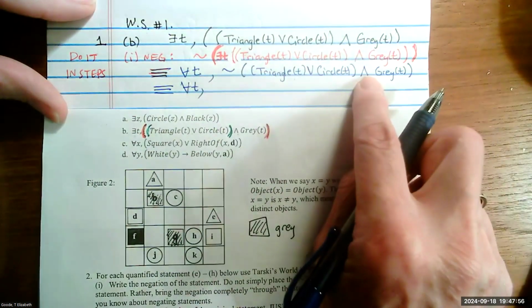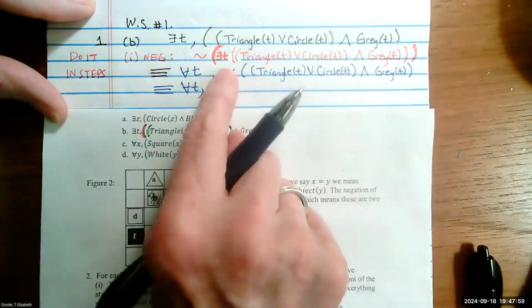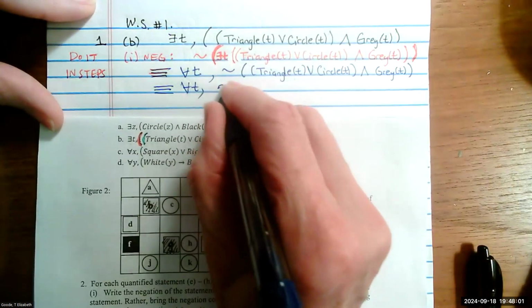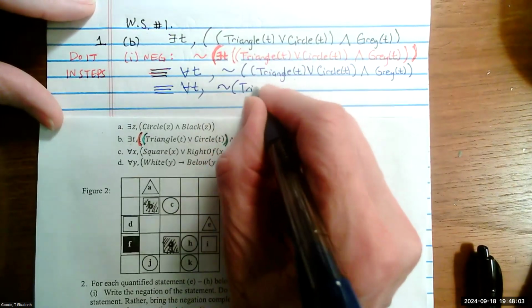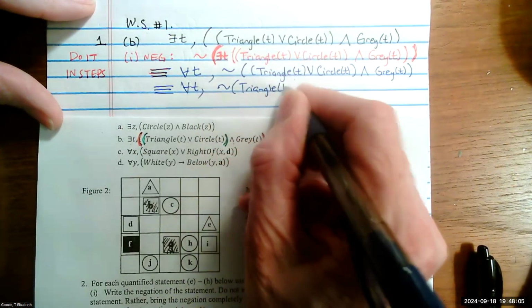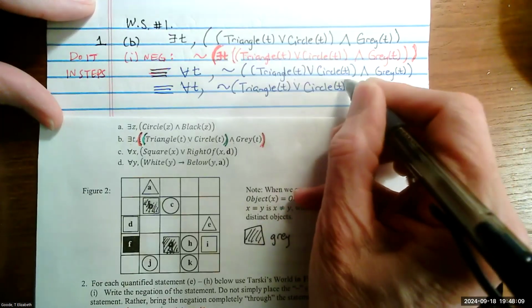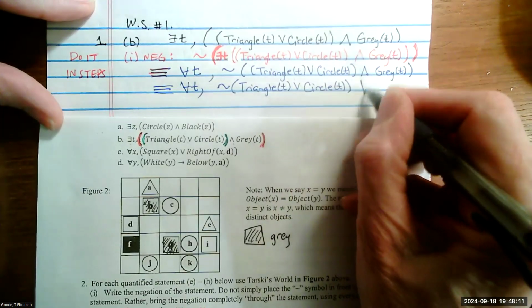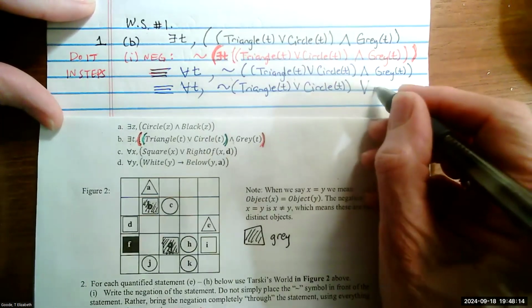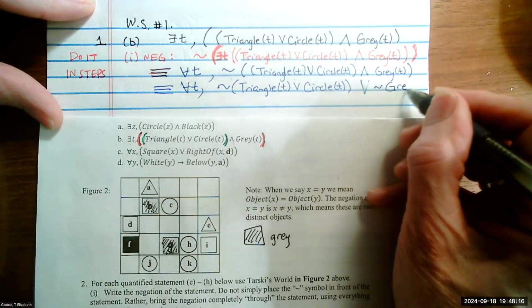This and happens last, so we bring it across that first. So it's not triangle T or circle T. This and flips to an or, and then the not gets applied to gray T.